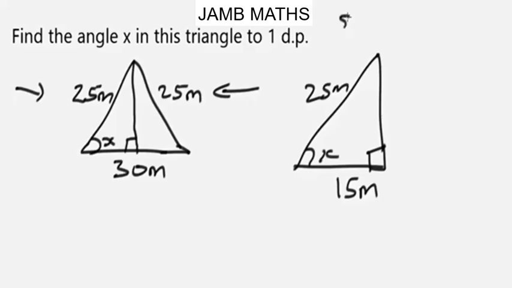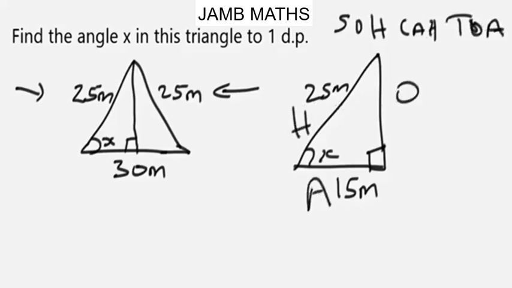We have to use cah. From this, this is our hypotenuse, this is our opposite, this is our adjacent. So we have hypotenuse and adjacent respectively. We are looking for x. So from these parameters we have, we are going to make use of cah.